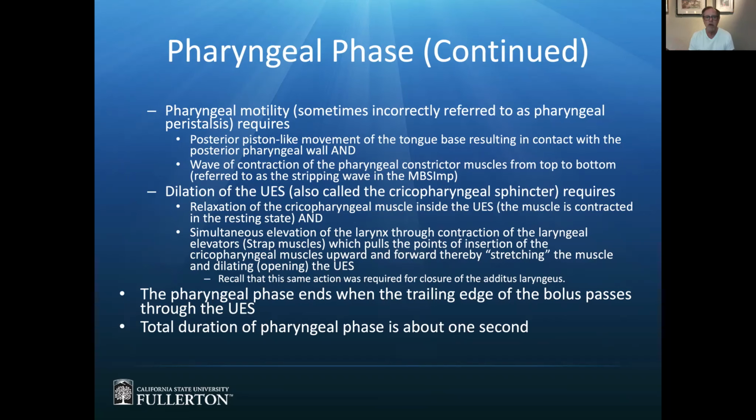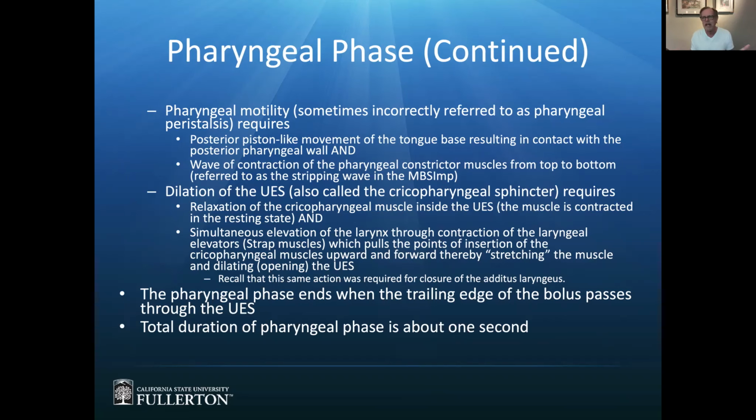Well, in order to swallow anything, you need to open the sphincters. And the first one to open would be the UES. As the bolus gets down to the base of the pharynx, that must open. The way it opens has two components. One is the muscle inside that sphincter, the cricopharyngeal muscle, which must relax. Keep in mind again, under normal relaxed conditions, it's actually contracted.